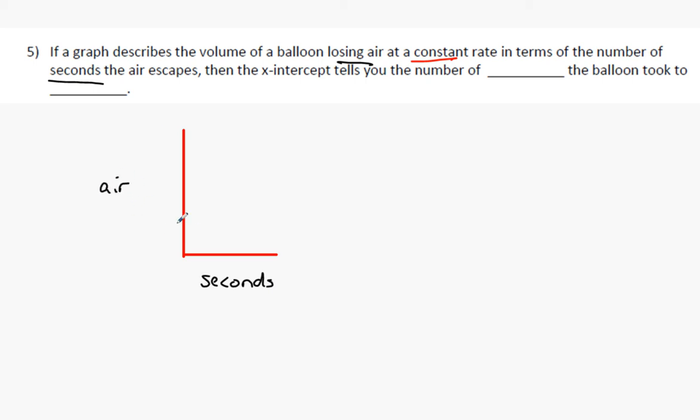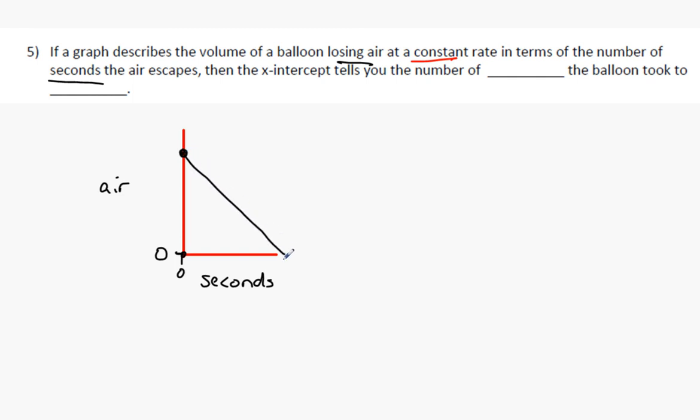Okay, so if this is 0 air and 0 seconds, that's our origin, but that's not actually a point, so don't make a point there. When the balloon starts out, you can imagine a balloon that's filled up, the air is at some maximum. Then as you let it out, it's going to decrease.